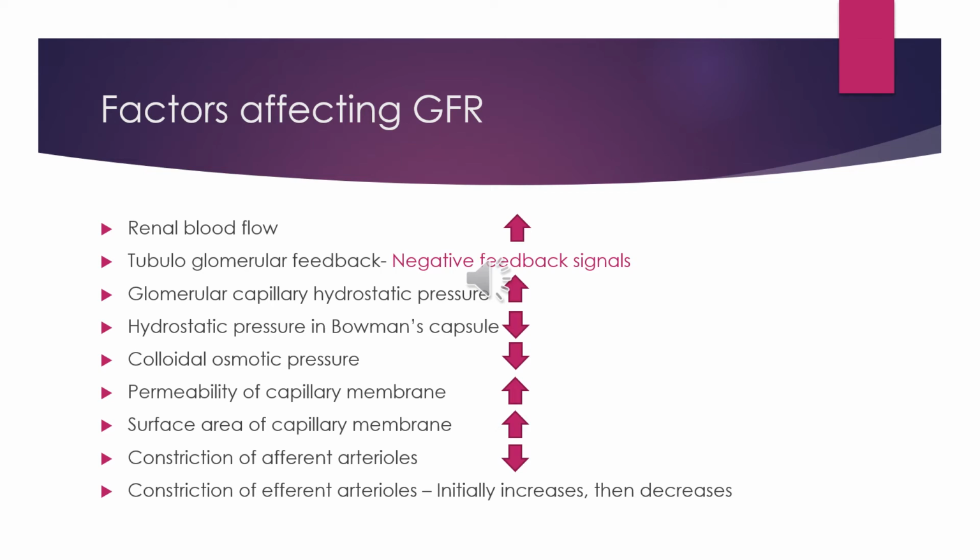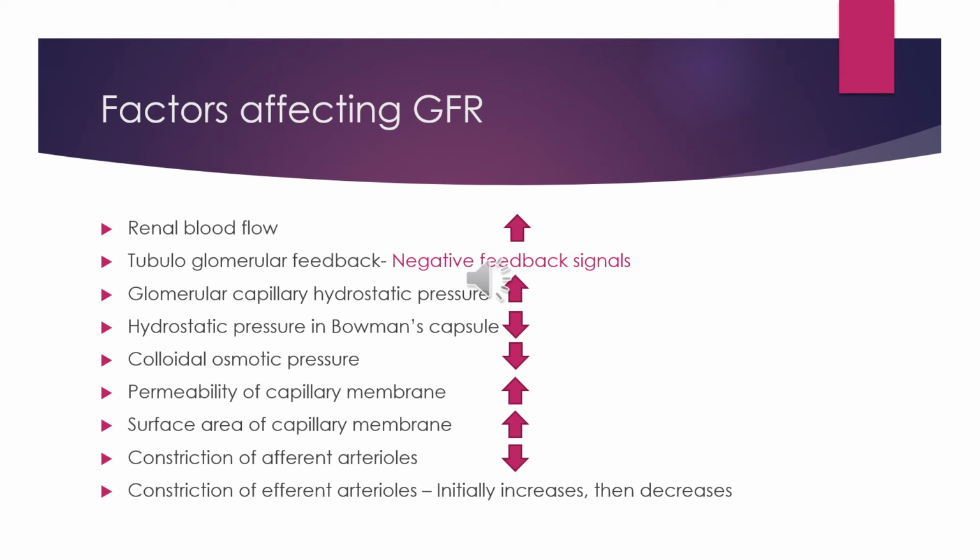So they cause vasodilatation of the afferent arterioles, and renin causes constriction of the efferent arterioles. So this leads to an increase in GFR. And as the signals travel from the tubules to the glomerulus, it is called tubuloglomerular feedback.